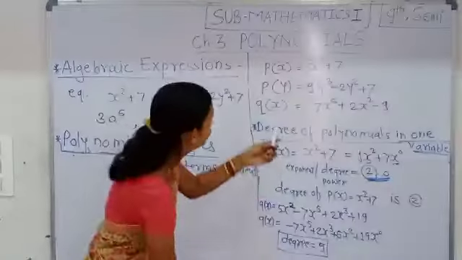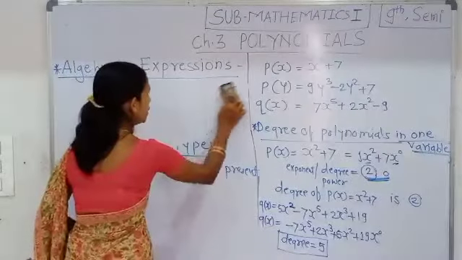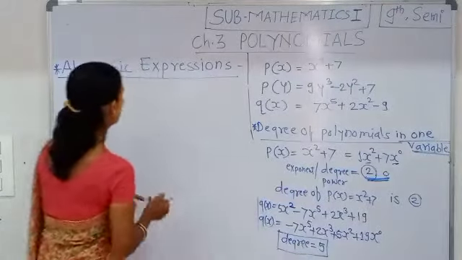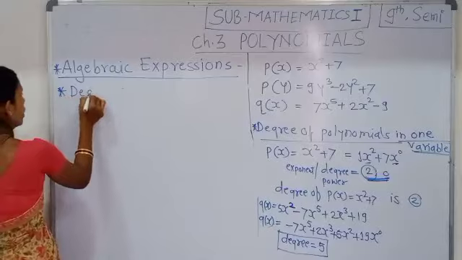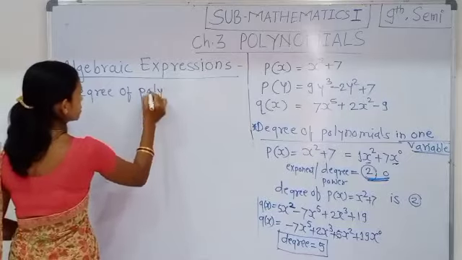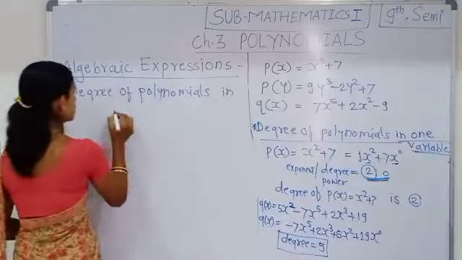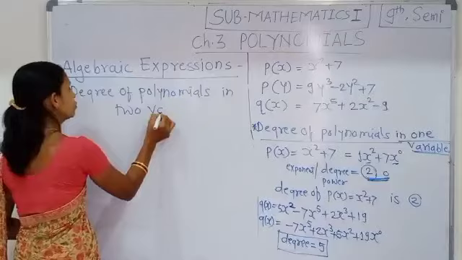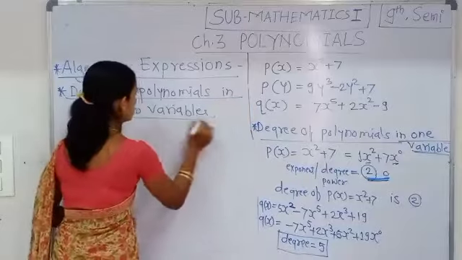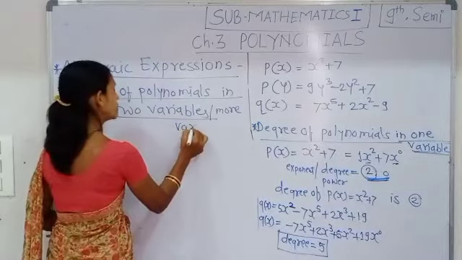Then we have to discuss the degree of a polynomial if two different variables are present in it. Therefore we have to discuss the degree of polynomials in which two variables, or two or more variables, are used.